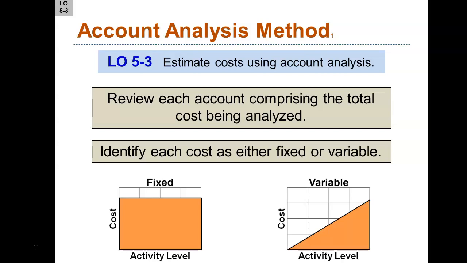Variable costs would be, I would say, costs associated with the assembly workers. They're not going to be paid unless they're actually doing work and producing something. So those costs and the hours related to the salaries or the hourly rates of those individuals on the assembly line are going to vary depending on how much work they're doing.